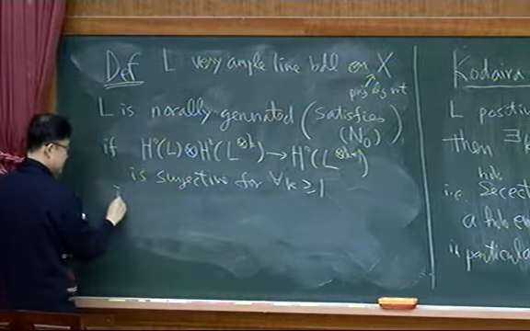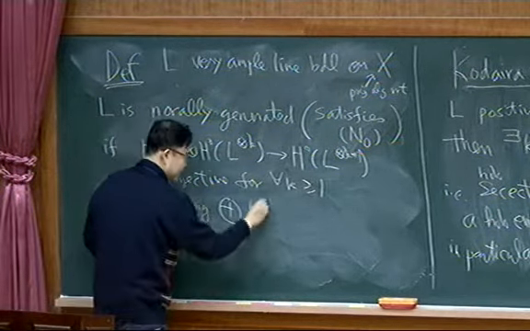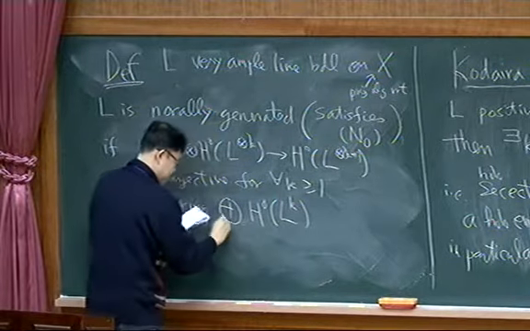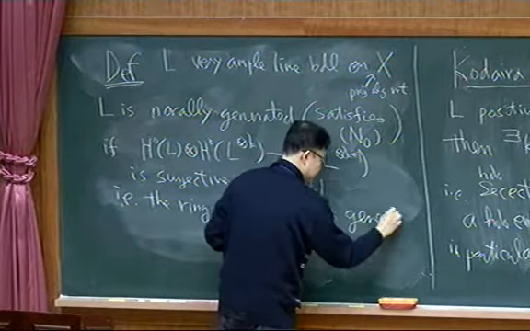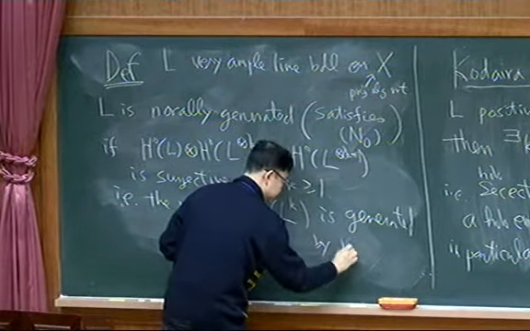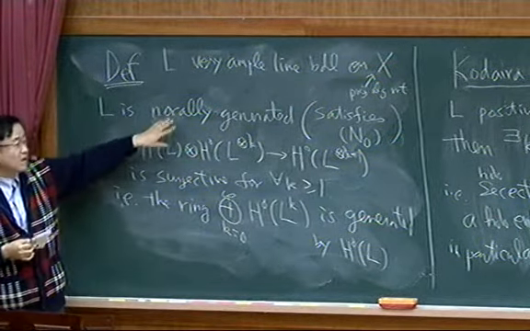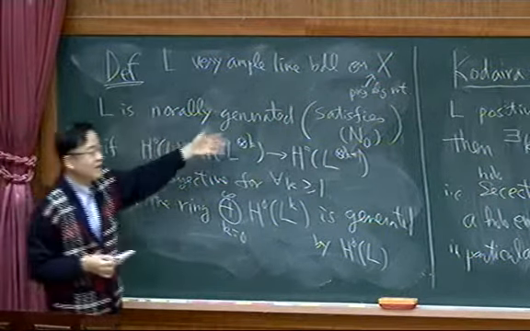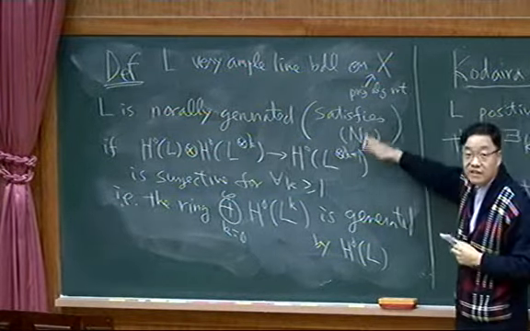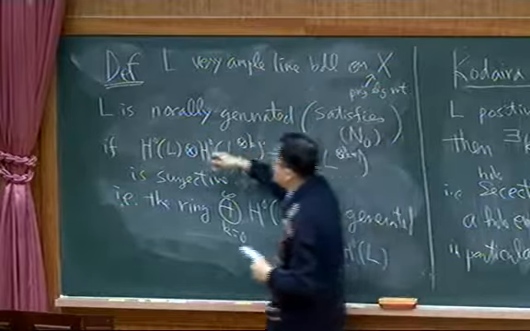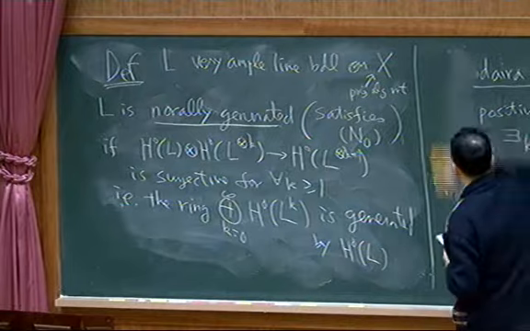So in other words, the ring is generated by just the sections of L. So this is one condition of the line bundle, but it's a condition of the subvariety. So it's a condition on the ideal in some sense. And this is an important condition on the ideal, studied much in algebraic geometry.